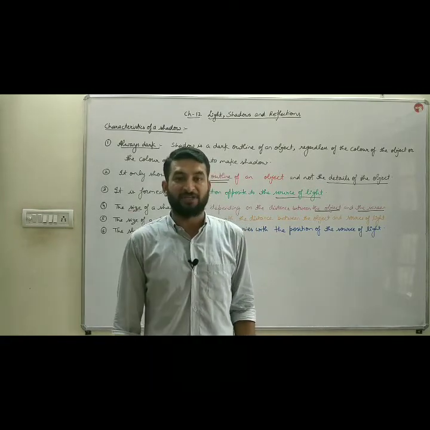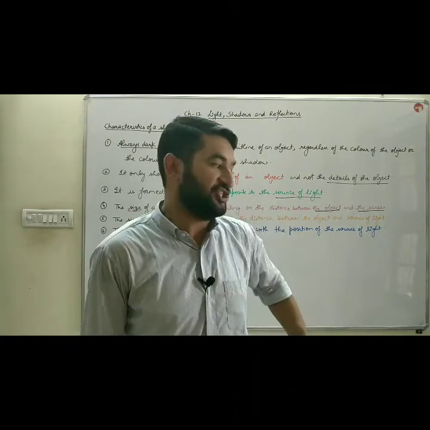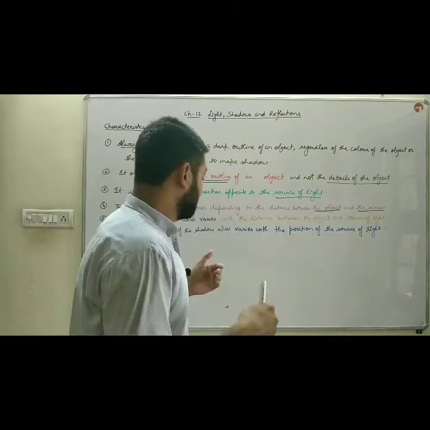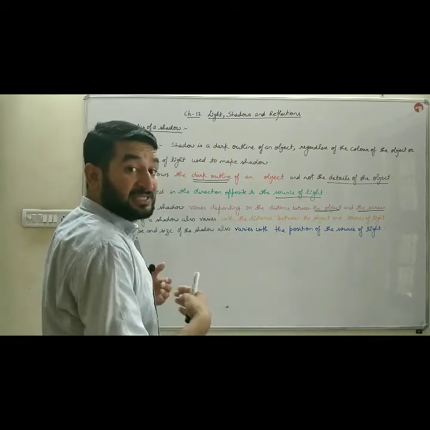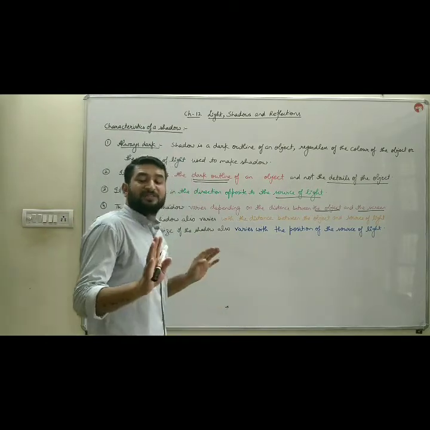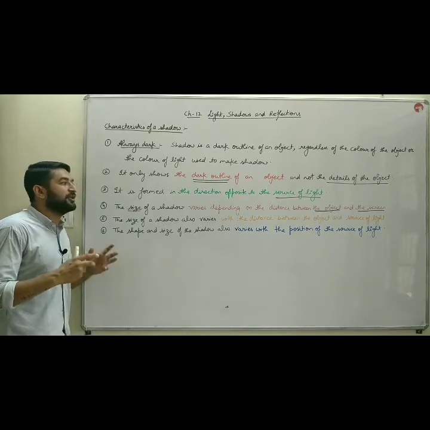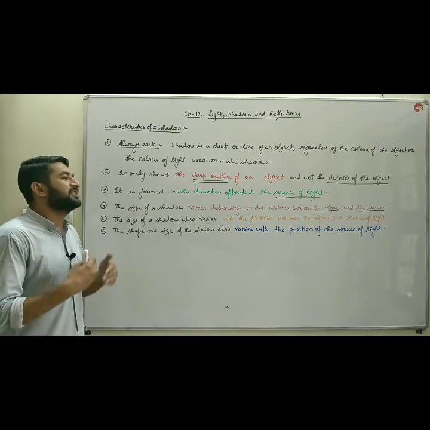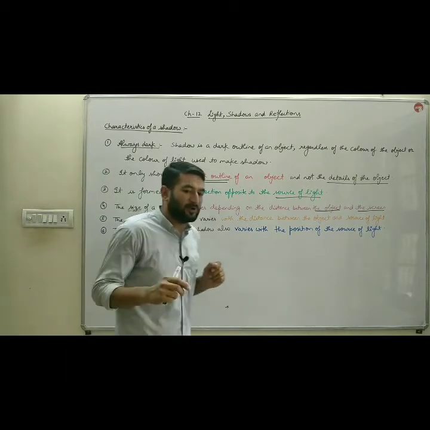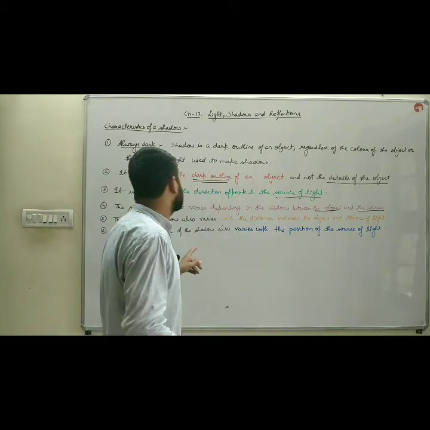And if I come ahead, towards the source of light, then the size of the shadow increases. So, the size depends on the distance between the object and the screen.